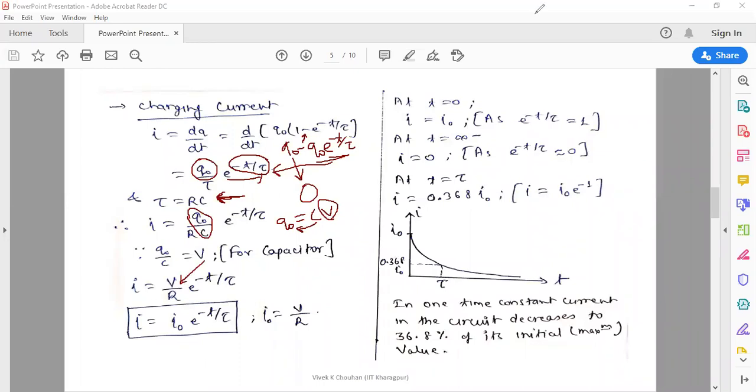After putting that value, we will find that on the RHS it is coming out to be V by R, and that is nothing but the current.